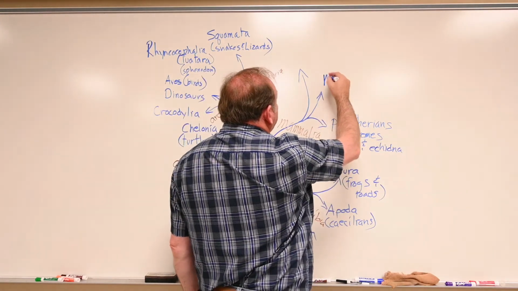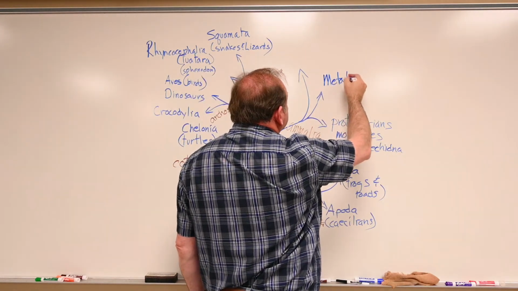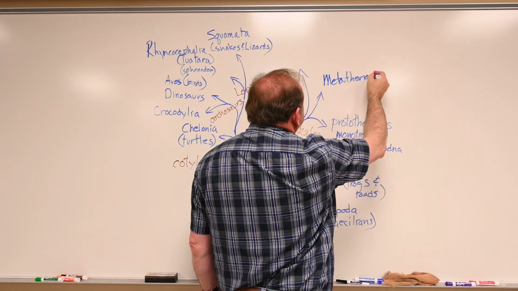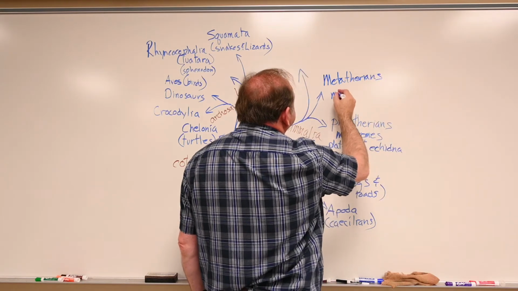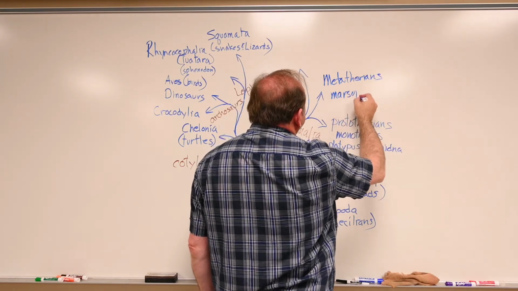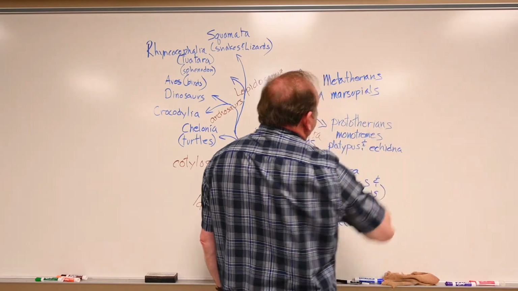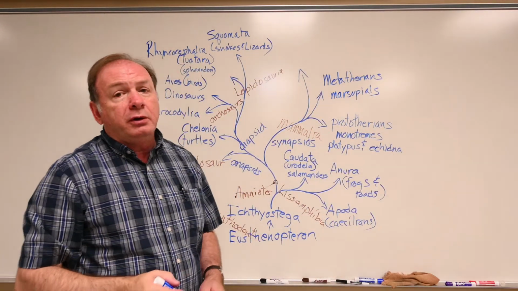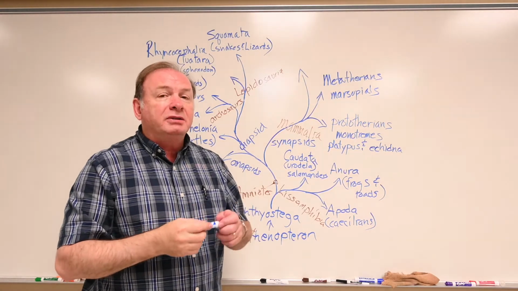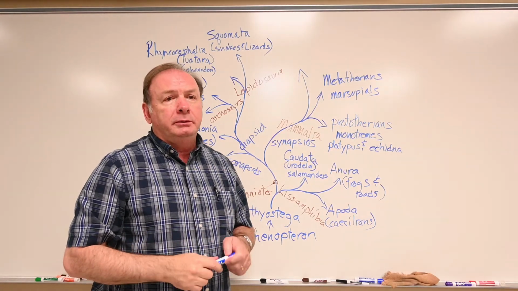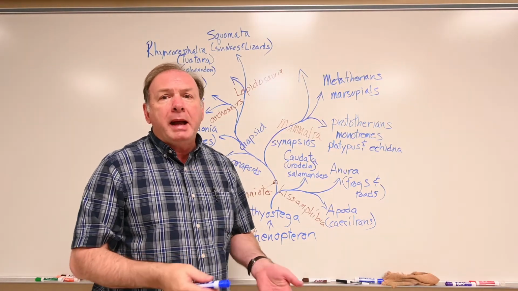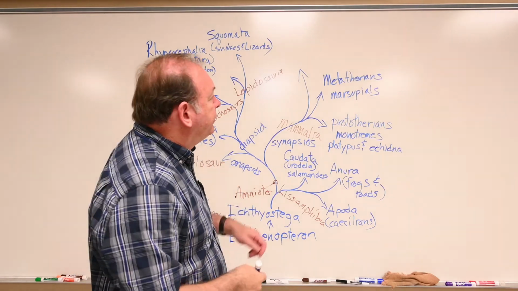Next, metatherians. Those are your marsupial mammals. Those are your kangaroo, koala, opossum, Tasmanian devil, wombats, all those things.